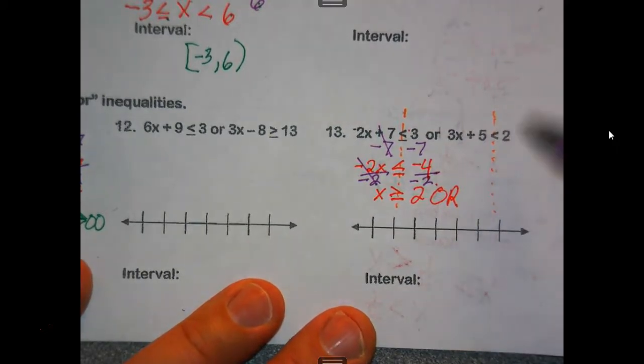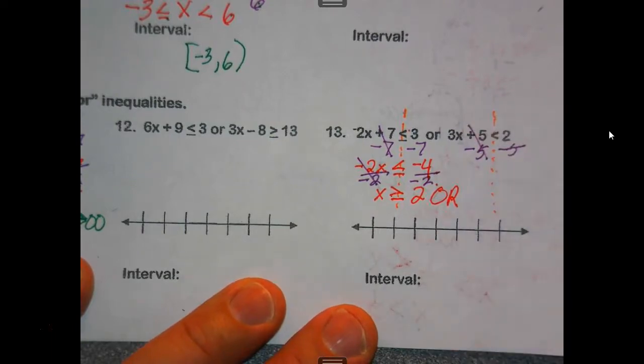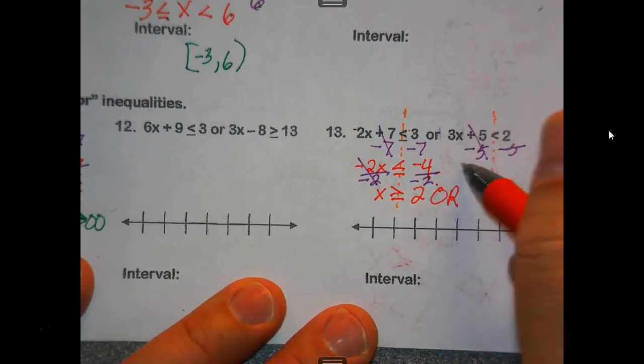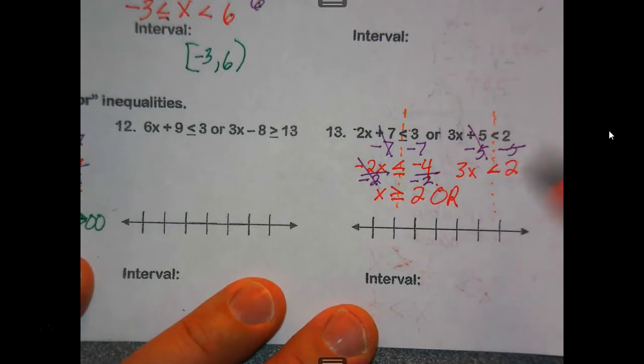Now this inequality, I'm going to subtract 5 from both sides. I get 3x less than 2, or negative 2, right? 2 minus 5 is negative 2.